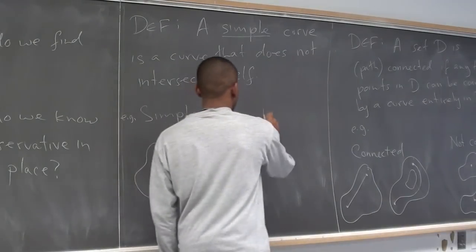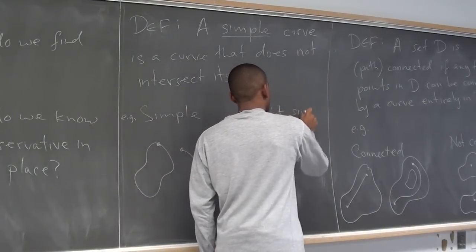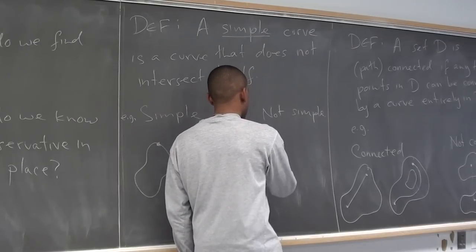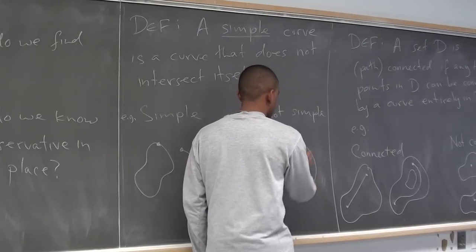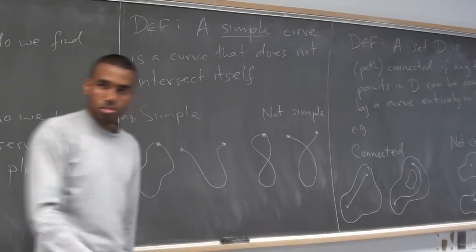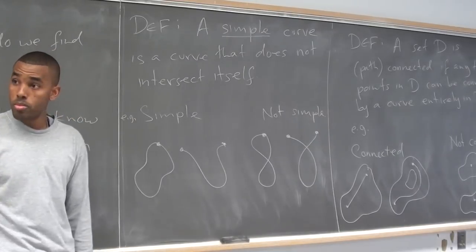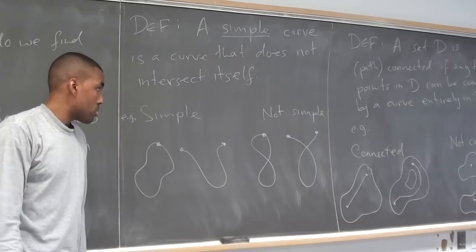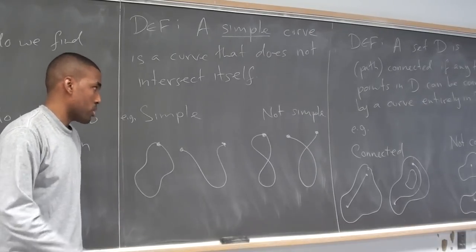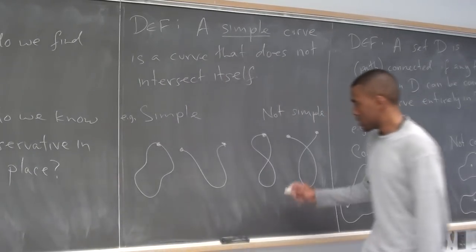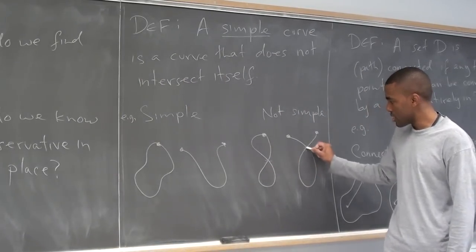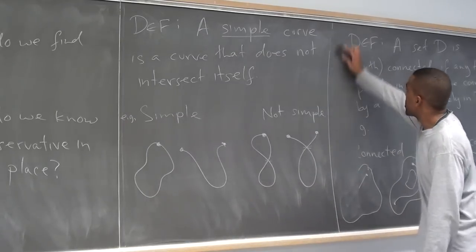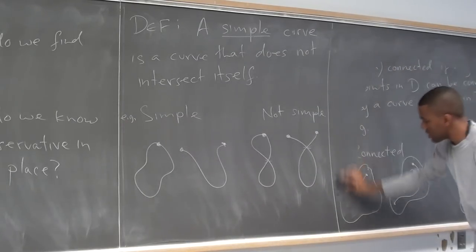That's a simple curve. It's not a simple curve. This is not a simple curve. The problem is here it intersects itself. Once you intersect yourself, you're not simple. So that's what a simple curve is.